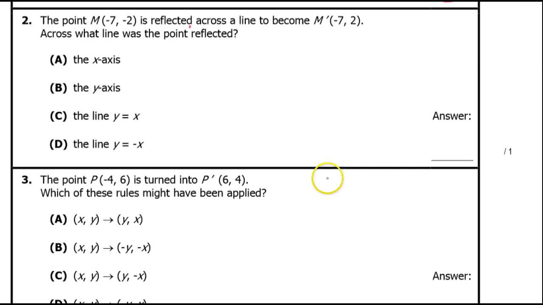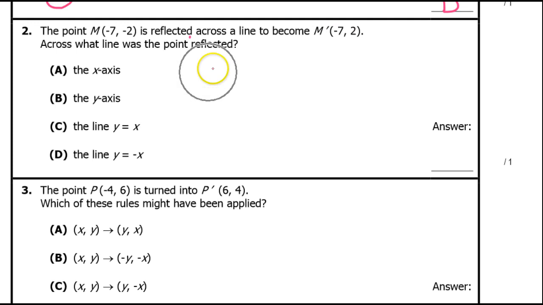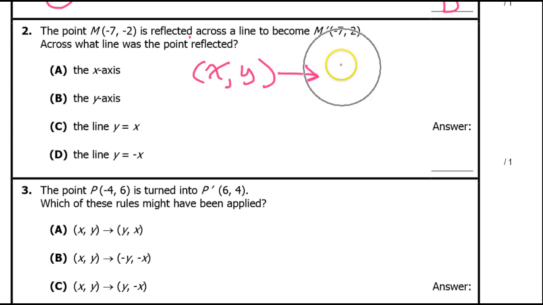All right, problem number 2. The point M, which is (-7, -2), is reflected across a line to become M prime, (-7, 2). Let's see what happened by using a generic point x comma y and see what happened as it became the image.